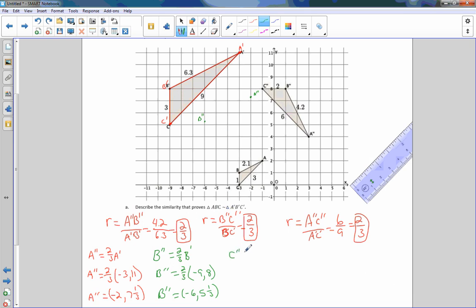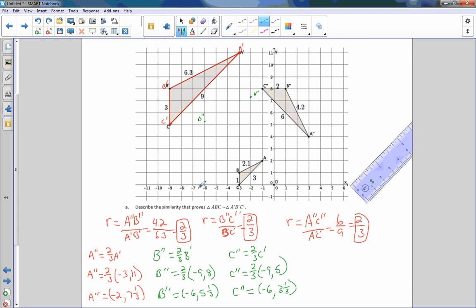And C double prime is going to equal 2/3 of C prime, which is (-9, 5). 3 goes into -9 -3 times, times 2 is -6. 5 times 2 is 10, divided by 3 is 3 1/3.